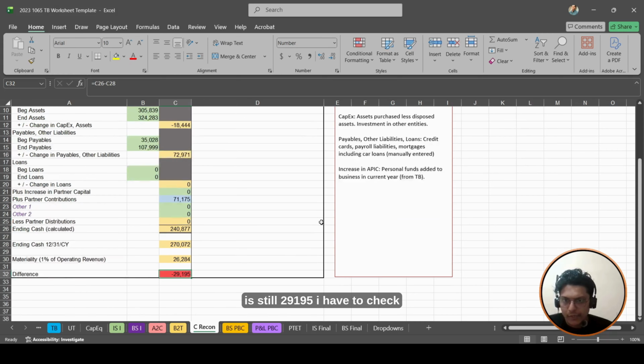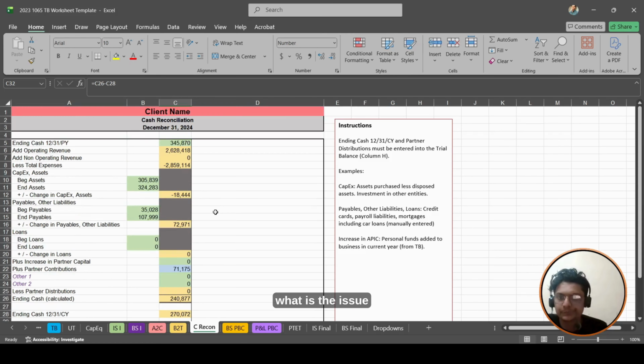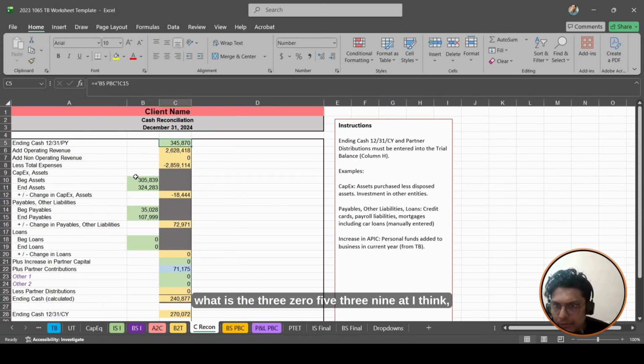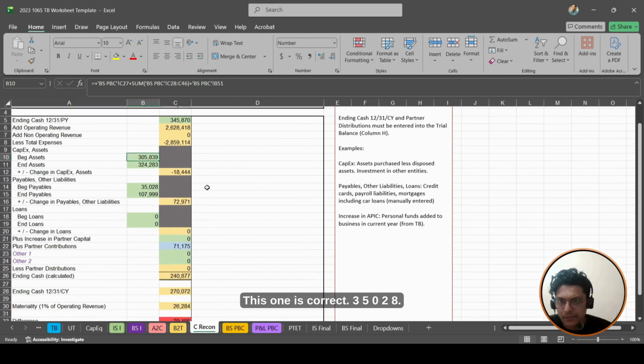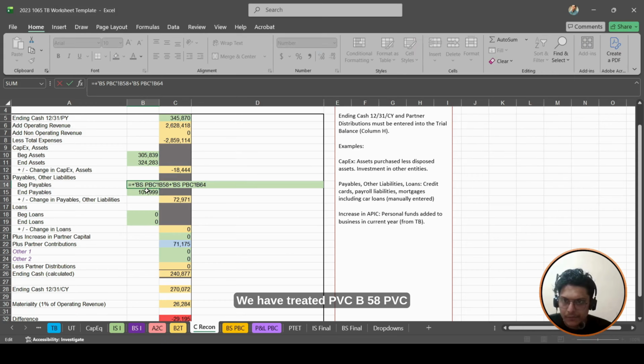Difference is still 29,195. I have to check what is the issue. Let's check again. What is the 305839? I think yes, I have changed this figure. 30,539 is correct. 35,028.